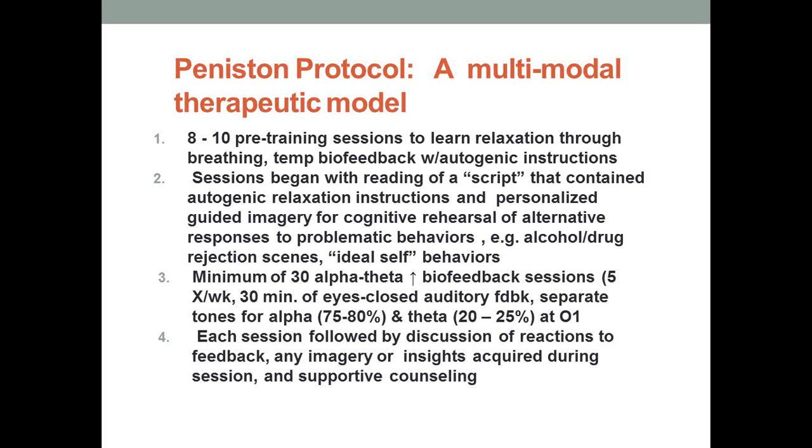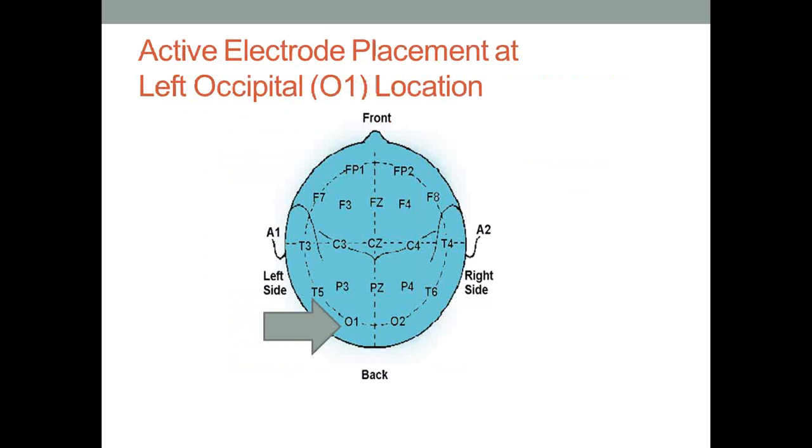I like to use O1 myself, and then I may bump the theta up to about 40, 45% on the feedback. Each session that Peniston did was followed by a discussion of reactions to feedback, of any imagery, insights acquired during sessions, and supported counseling. You can see the location of O1 there if you're not sure.